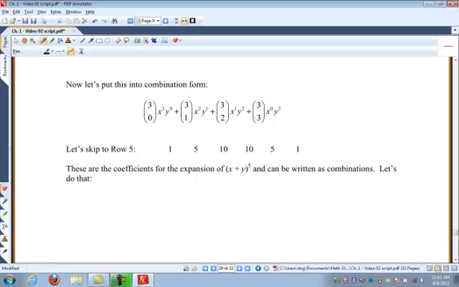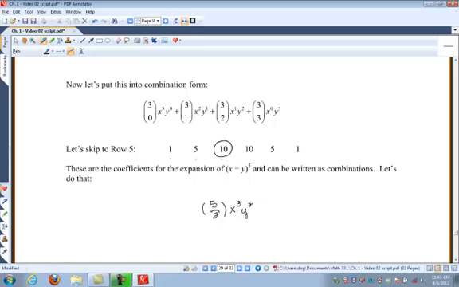So now let's skip to row 5 and look at these coefficients. This coefficient right here, if I'm counting over 0, 1, 2, is going to be C(5,2), and then it's going to be x^3 y^2.